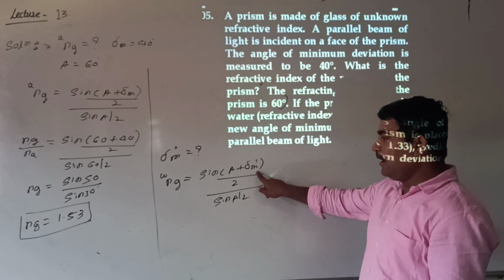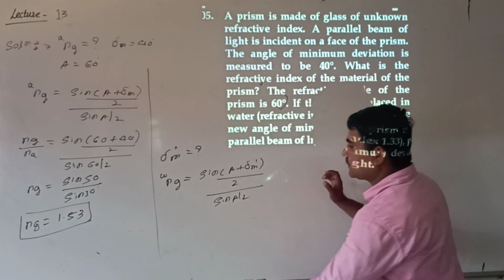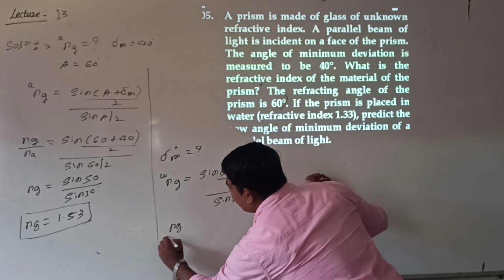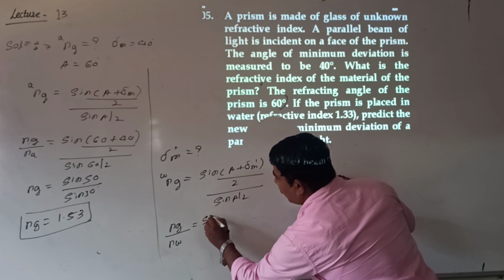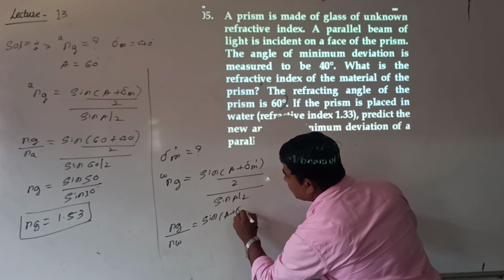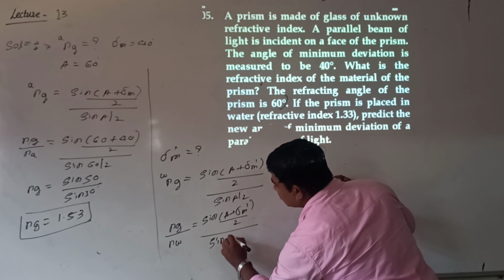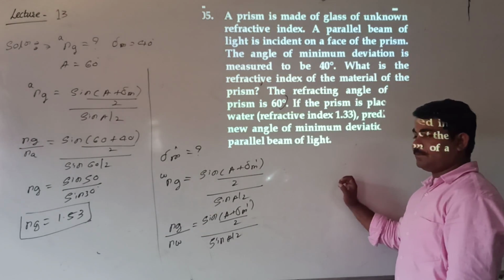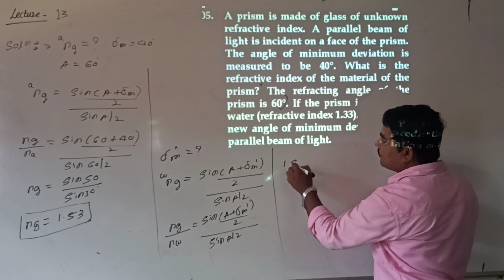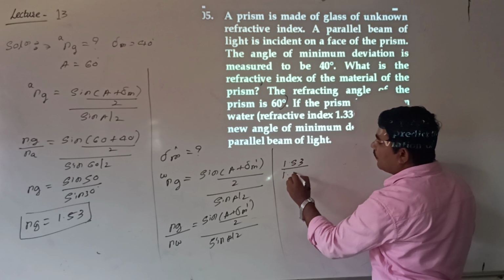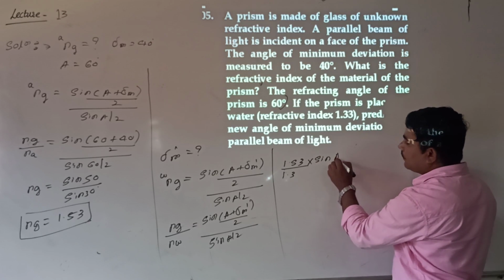I need this angle, for the refractive index of water 1.33. The refractive index of glass with respect to water is sine of (A plus delta m dash) divided by 2, whole divided by sine of A by 2. Write this down. The refractive index of glass is 1.53 divided by 1.33.